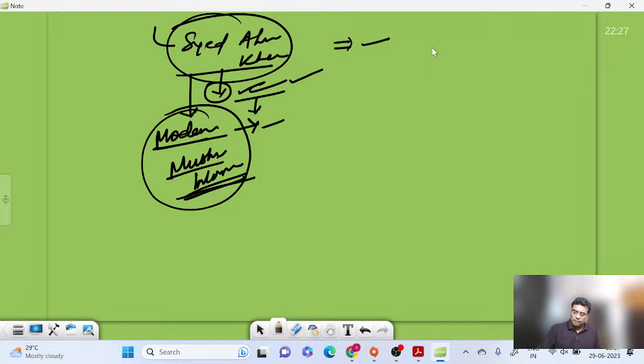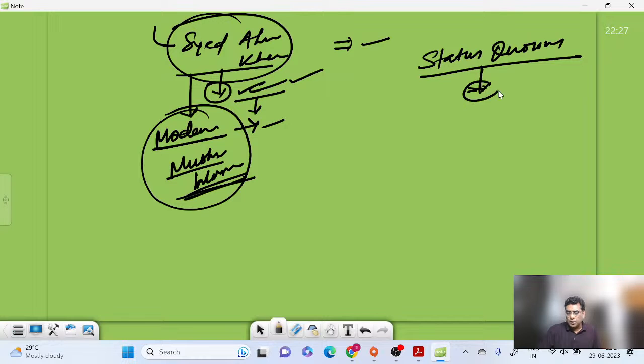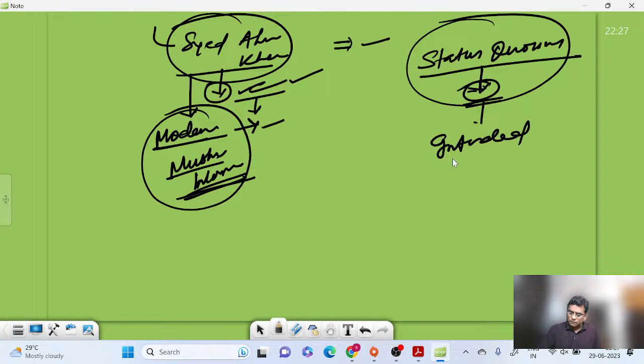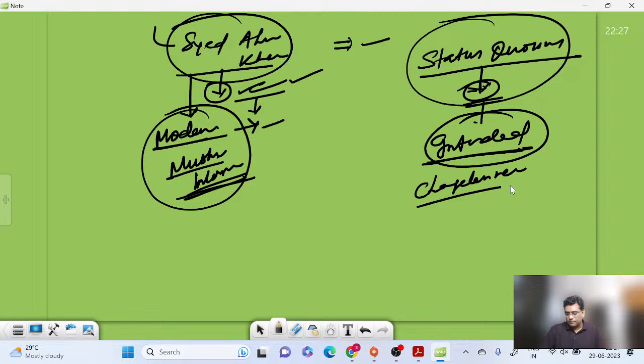Okay, Sayyid Ahmad. Like that, we have status quoism. Status quoism was basically intended for no change, that is changelessness.